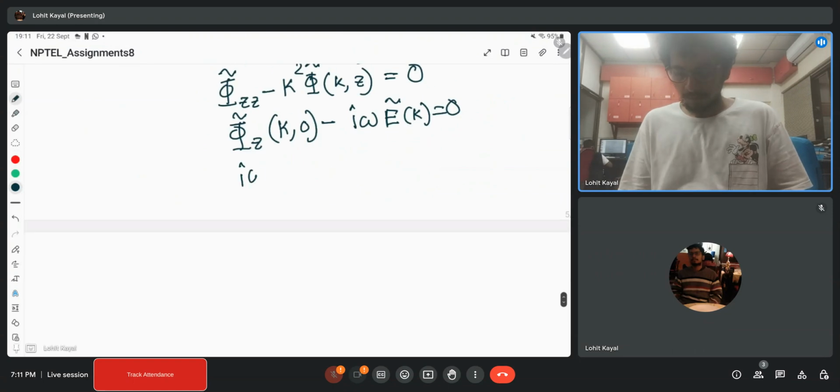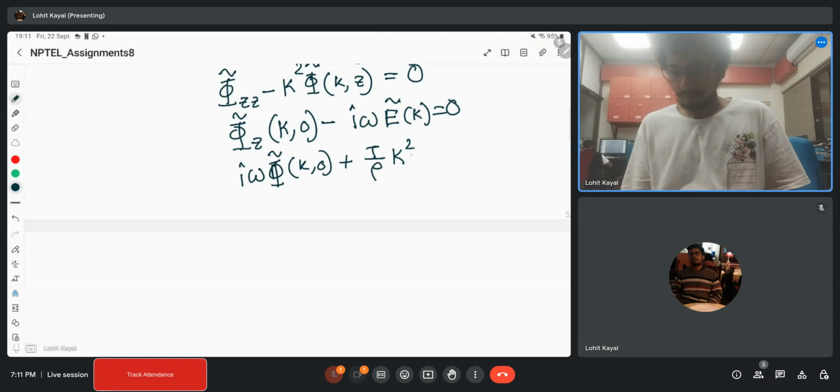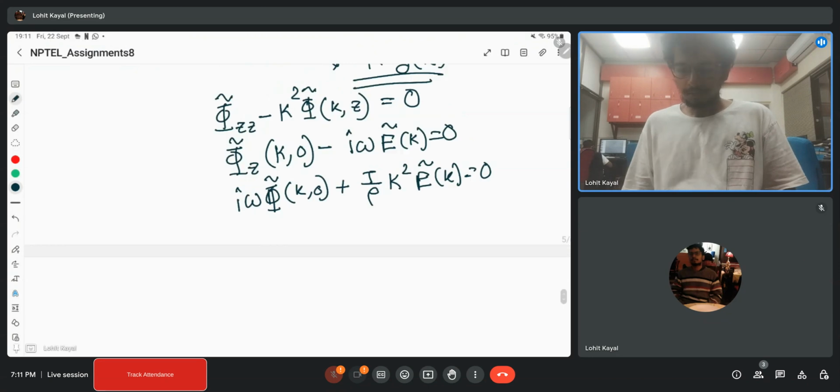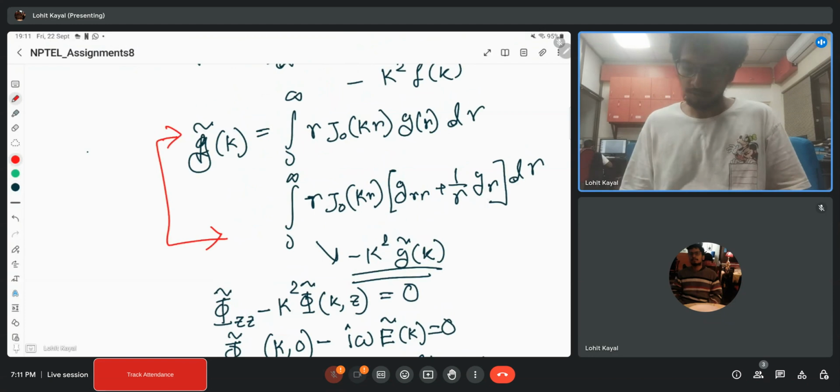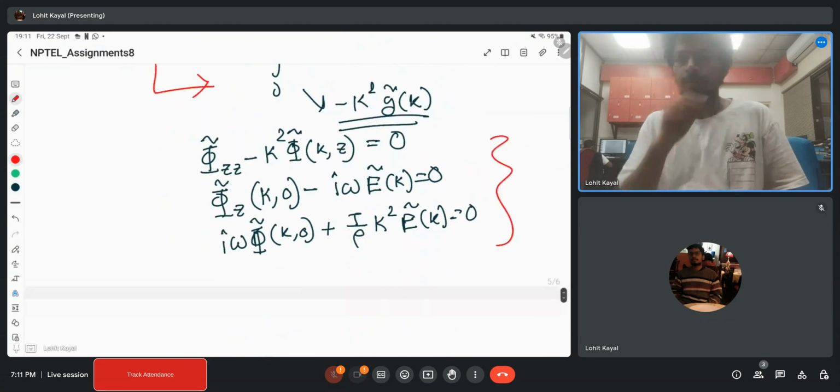Then i omega phi tilde k 0 plus p by rho k square eta tilde equal to 0. Just use this formula and substitute into those three equations, and you will retrieve these equations.